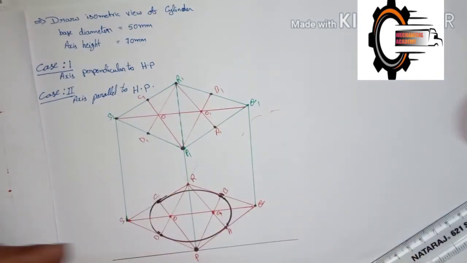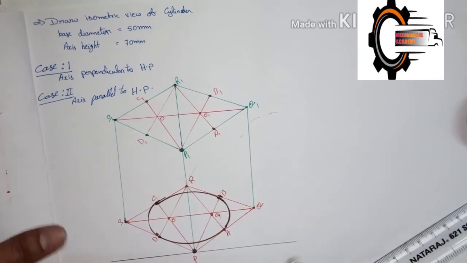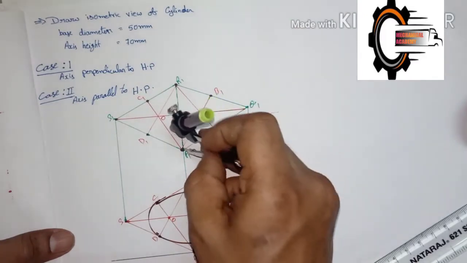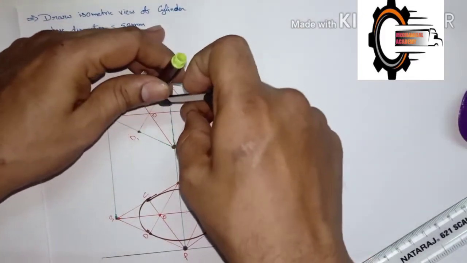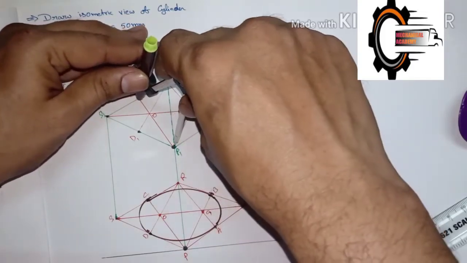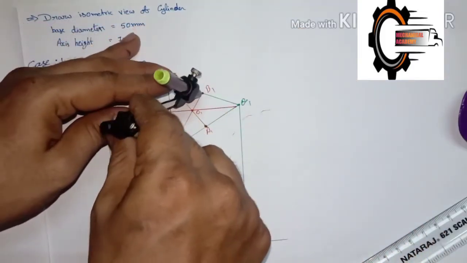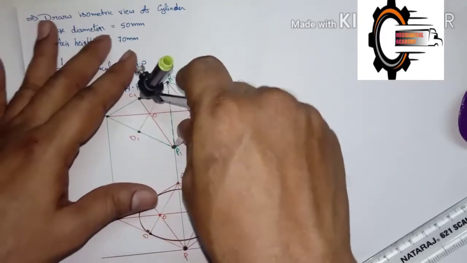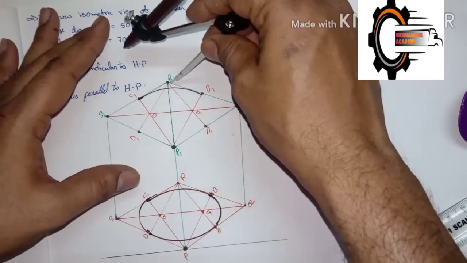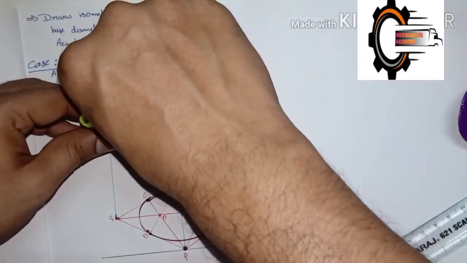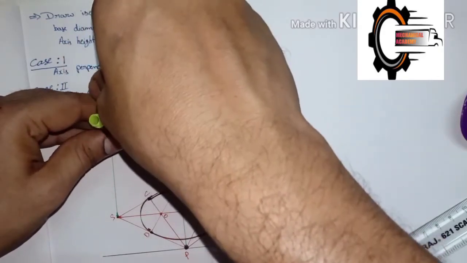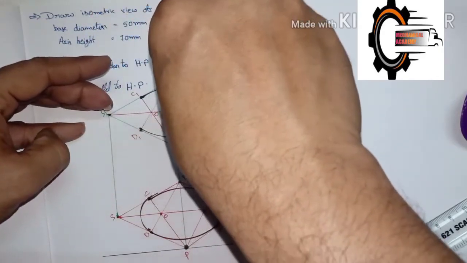Now similarly in the upward direction, in the top face. From the P1 I will take the distance of P to C and draw an arc. Similarly from R to D, draw an arc up to the A1.